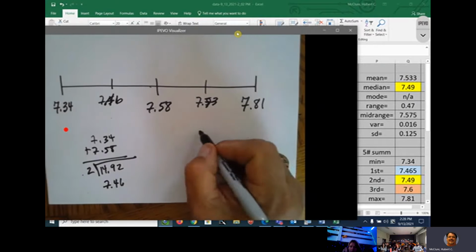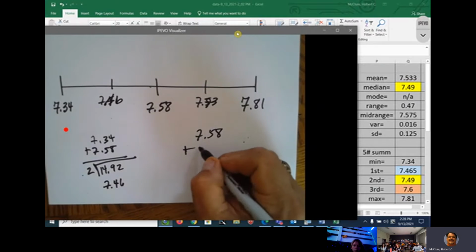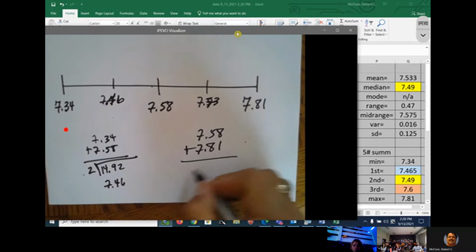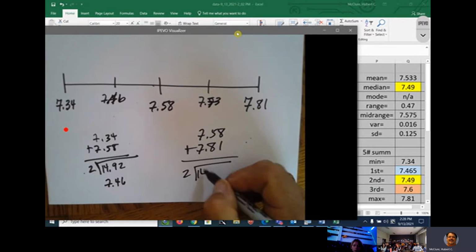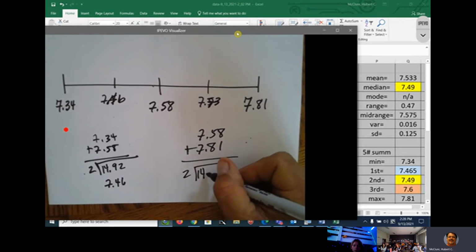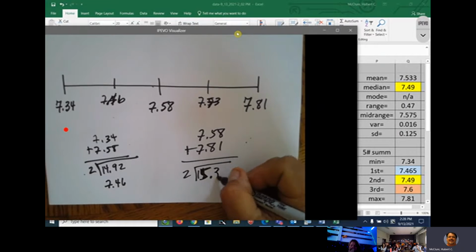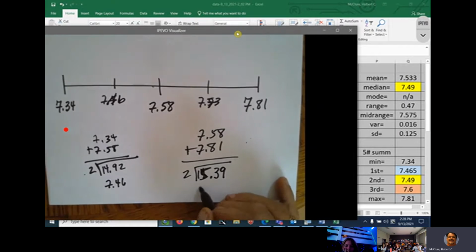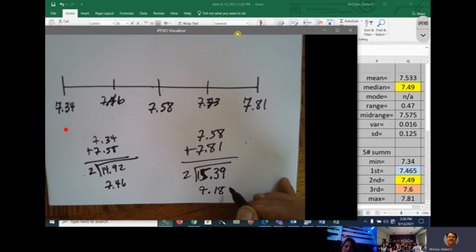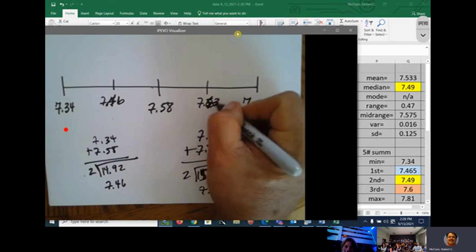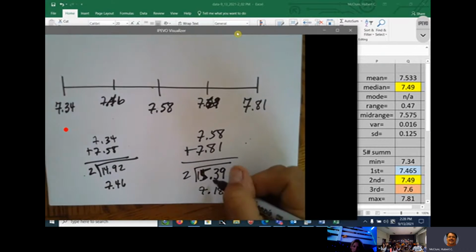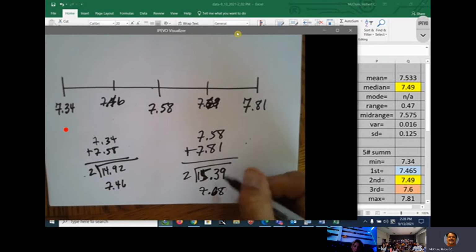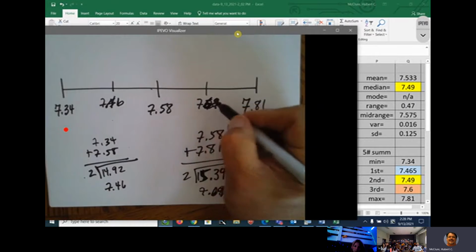This one's wrong too. 7.58 plus 7.81 divided by 2. That'd be 15.39, and half of that is 7.695. So 7.69.